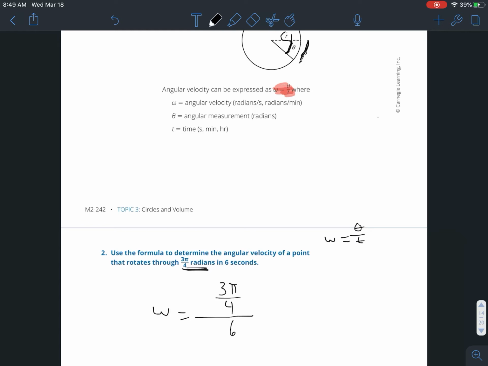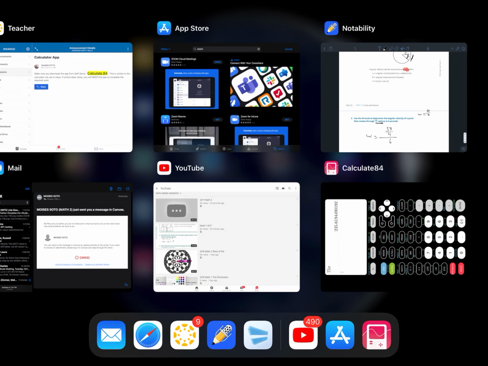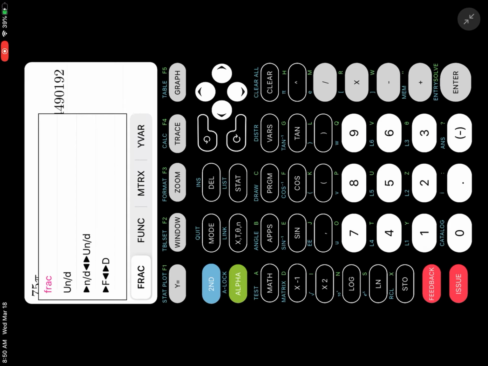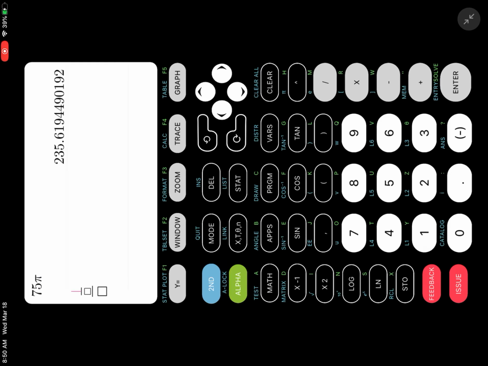If we go into our handy dandy calculator and press alpha, the green button in the top left corner, then y equals, and hit enter, and type 3, we're going to have to do this to make it easier. It's going to give us a fraction over a fraction.